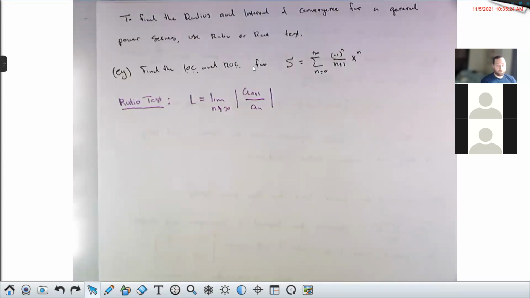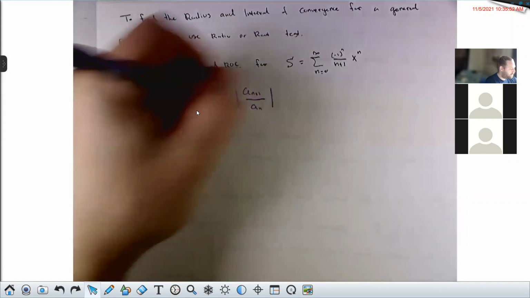If this comes out to be smaller than 1, the series converges absolutely. If this is larger than 1, the series diverges. And if this is equal to 1, then we don't learn anything. Here, though, because the a_n's are this whole thing, there's going to be some x's in the limit, and the limit is in the variable n, so this thing will be a function of x. So we're going to set that less than 1. Let's just see what happens.